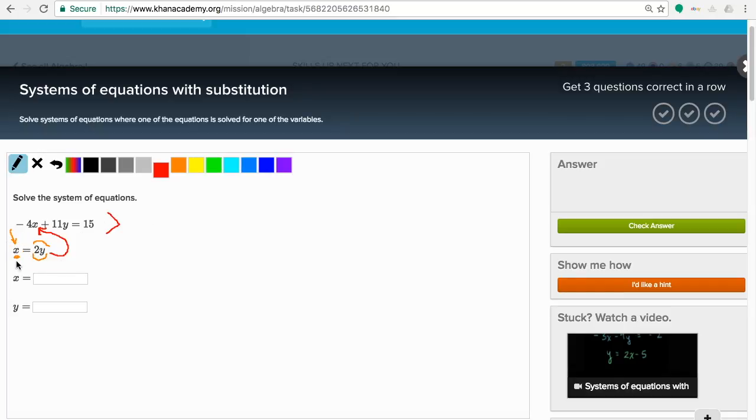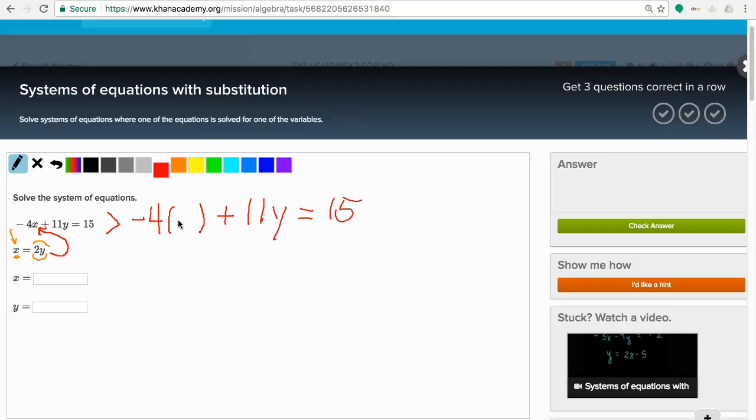So since we know x equals 2y, that goes into the equation here at that x. We just rewrite it with the new replacement. Right here in the parentheses, we'll put 2y because we used to have x in that spot. So we had negative 4x plus 11y equals 15.